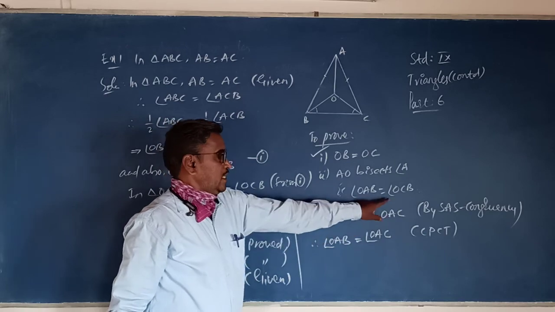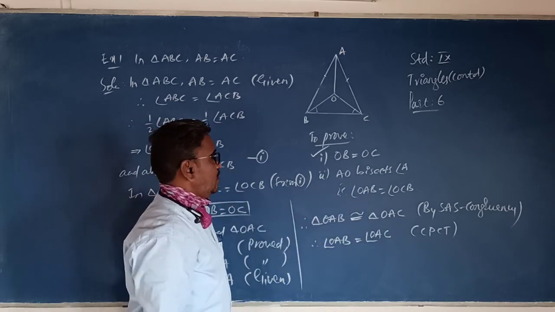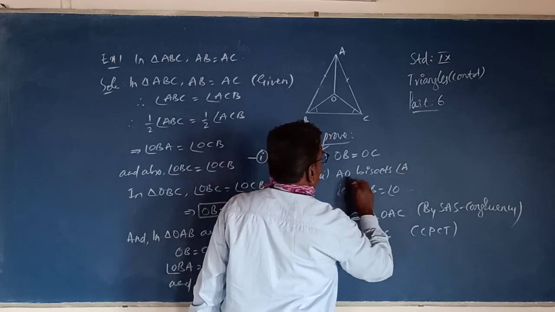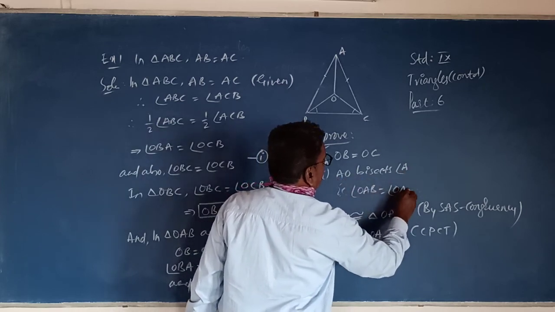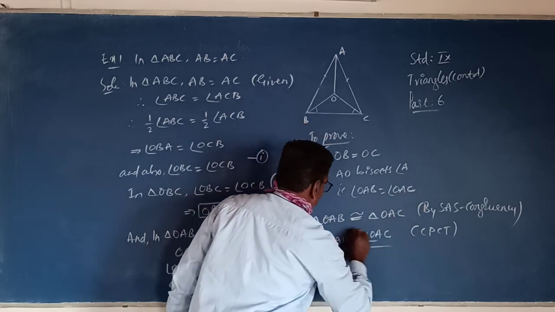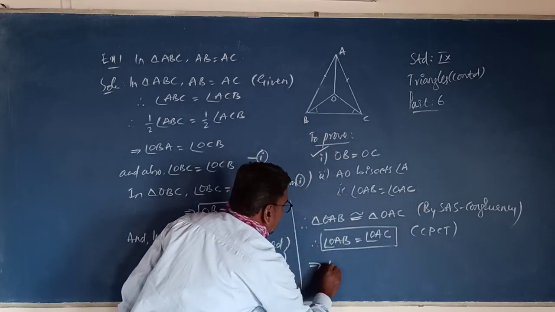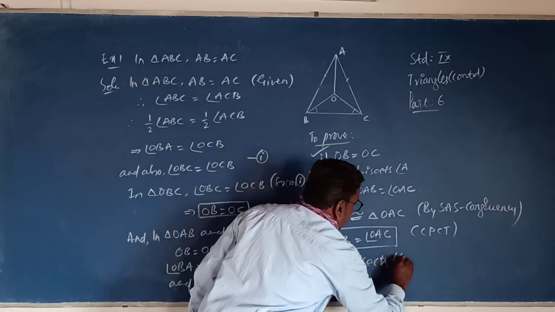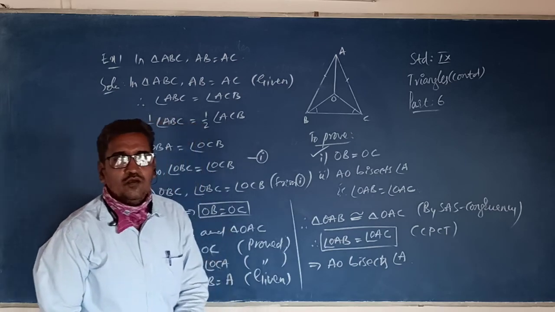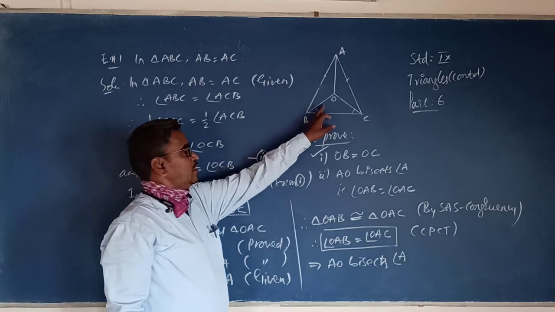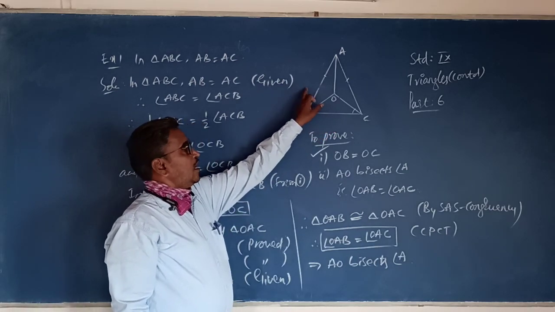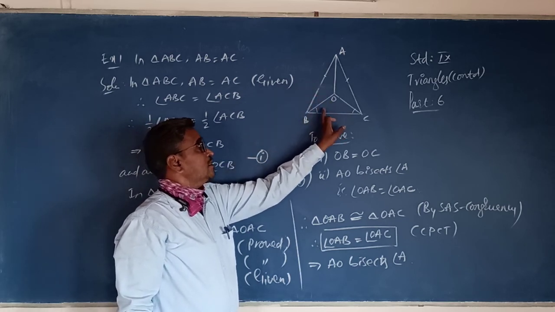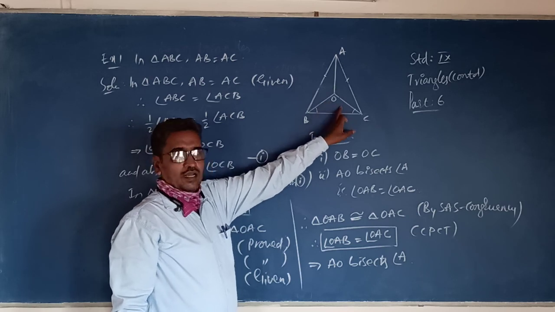OAB equal to OAC implies AO bisects angle A. I used that first property: angles opposite equal sides of a triangle are equal, bisector, then sides opposite equal angles of a triangle are equal.